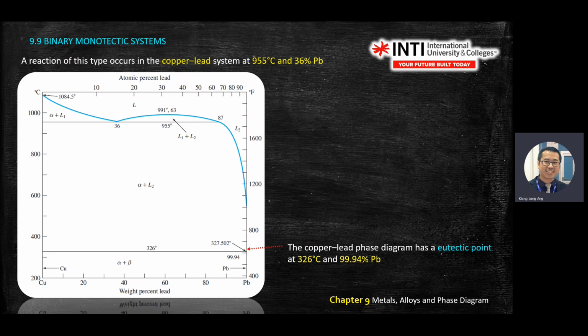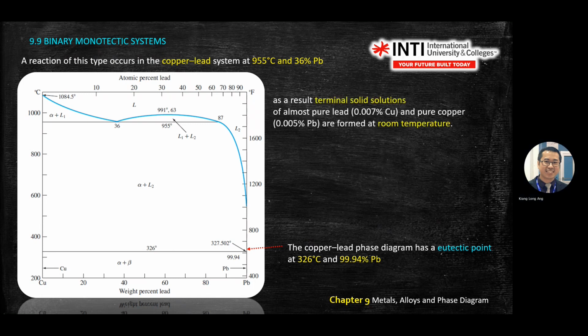Yeah, eutectic, just recap what the definition of eutectic is. As a result, terminal solid solution of pure lead, or 0.07 copper, and pure copper are formed at room temperature. So this is just an illustration. Okay, also cannot read from the graph.